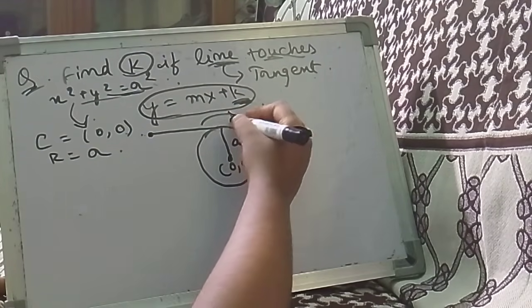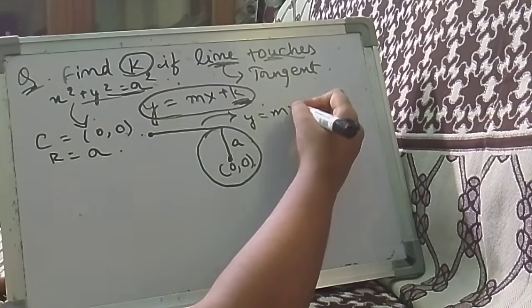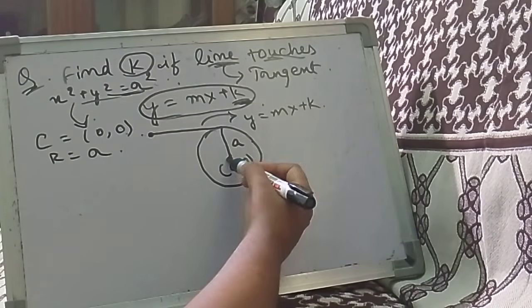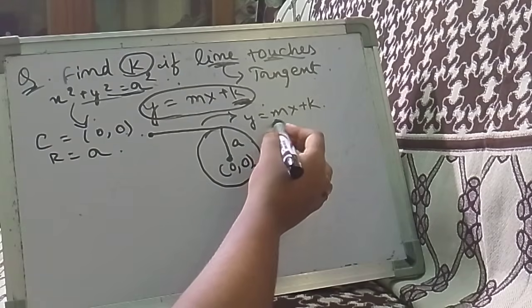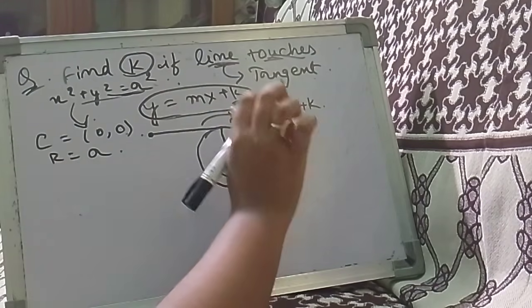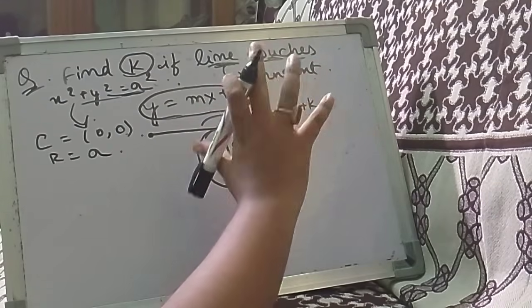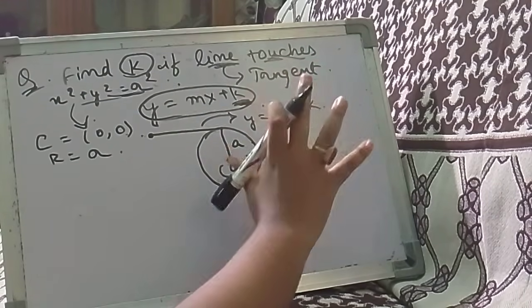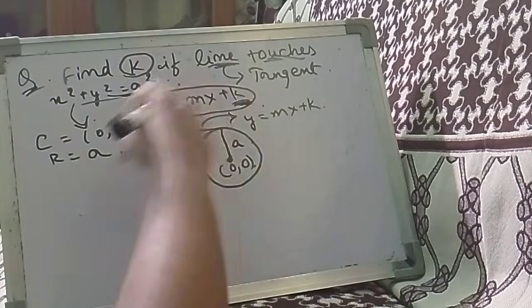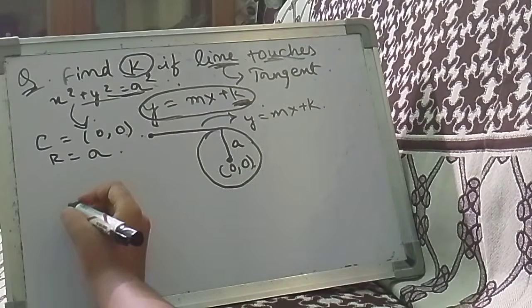This tangent is given as y equals mx plus k. Now we know a line is given and a point is given, so we can easily put that point into this line. We know that formula, so I am directly writing it in the equation. If you don't know the formula, please rewind this video and see that formula.